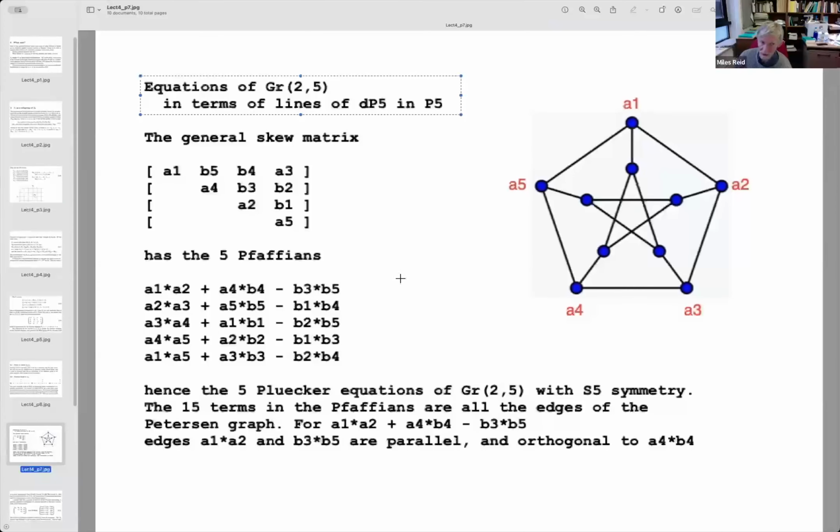Then we take the 2x2 minors of that and use them to embed Gr(2,5) into P9.